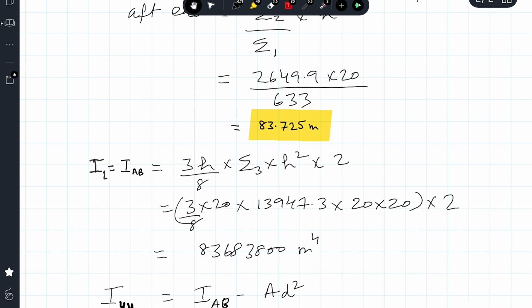So longitudinal moment of inertia IL is about the aft end axis AB, 3h by 8 Simpson's coefficient into summation 3, which is the sum of the products of the moment of inertia function h square, and again we multiply by 2 because I want the moment of inertia of the whole water plane. So 3 by 8 into 20, summation 3 is 13947.3.